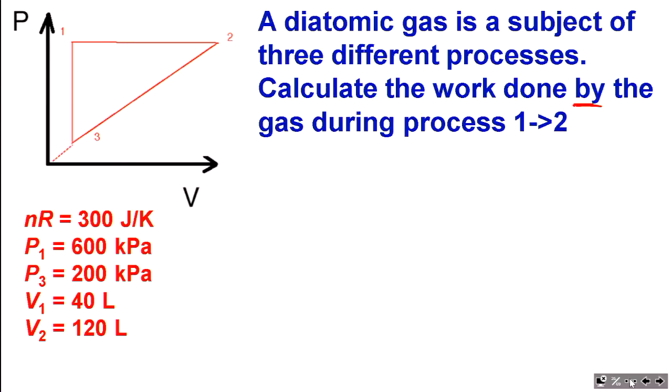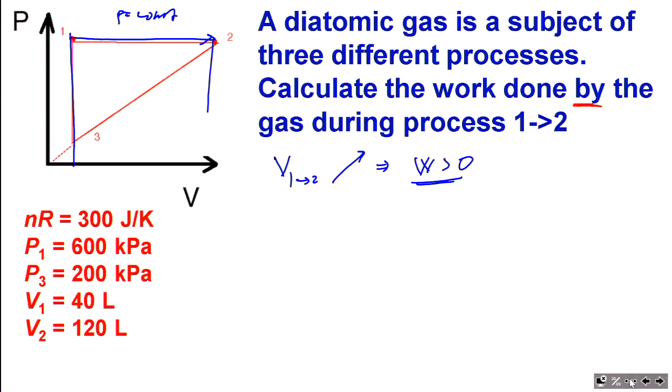So from 1 to 2, this is the process. If we look at this process, the volume for process 1, 2 increases. Hence, we know the work done by the gas has to be positive. And what should it be equal to?